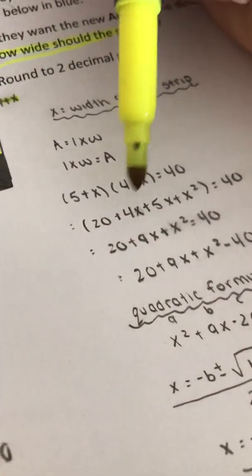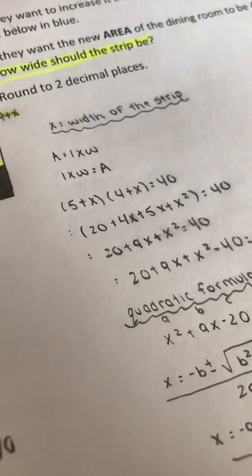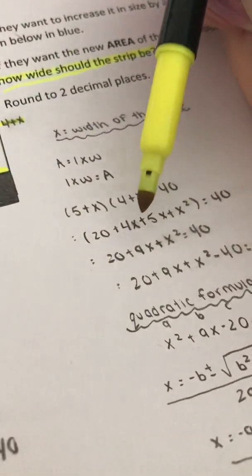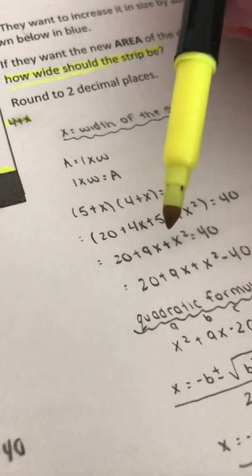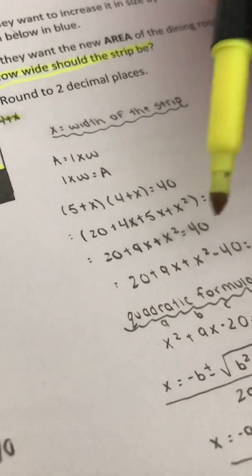After using FOIL, I collected my like terms. So we have 20 plus 4x plus 5x, which you can collect into 9x, and then x squared, and then equals 40.